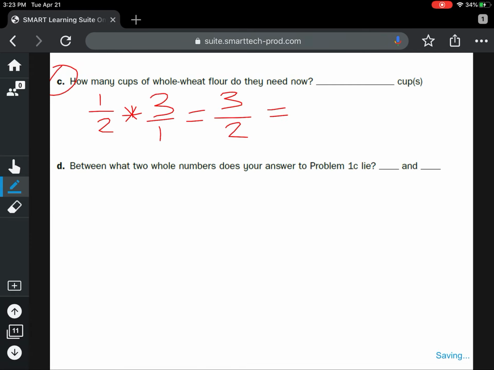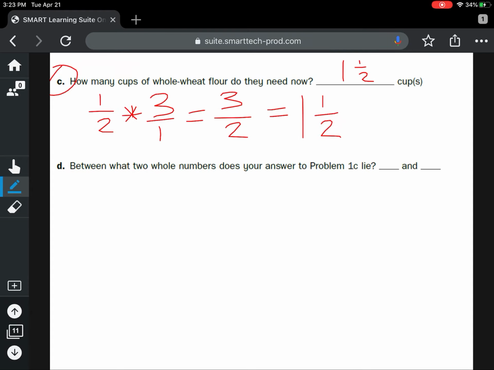So you have to ask yourself, how many times does 2 go into 3? 2 goes into 3 one time with 1 left over, and the denominator stays 2. So how many cups of whole wheat flour do they need if they triple the recipe? They need 1 and 1/2 cups. I hope you got that answer right all by yourself.